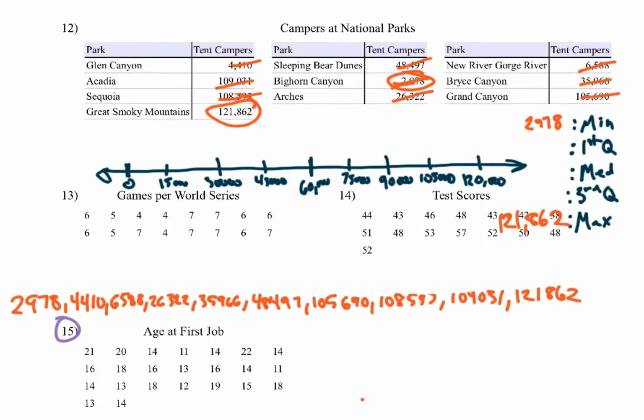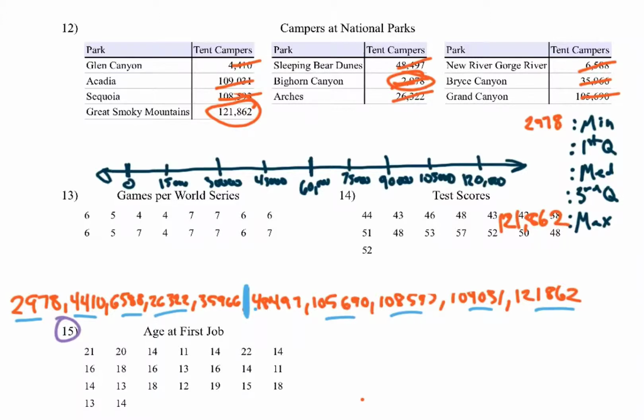Alright, so to find the median, we find the middle number. So 1, 2, 3 lower, 3 higher, 1 higher, 1 lower. So my median is going to be somewhere in between. The way we find that is we find the average of the two you're looking in between.